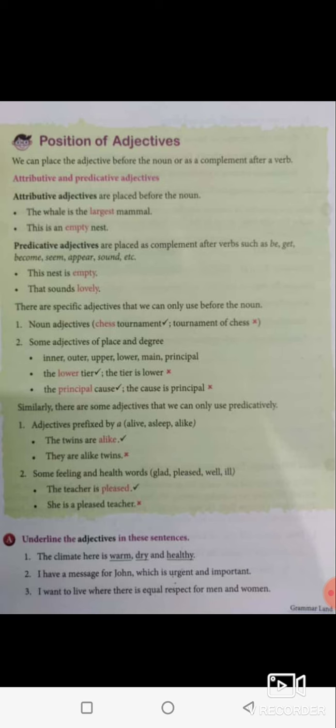This is an empty nest. Nest is a noun. Before nest, the word empty is an adjective. So this is an attributive adjective.